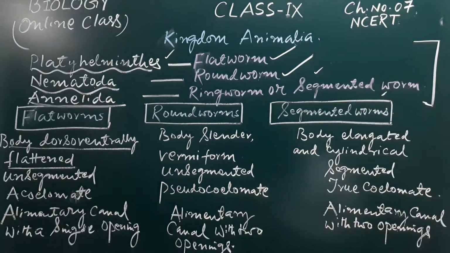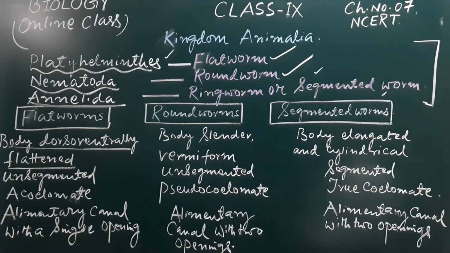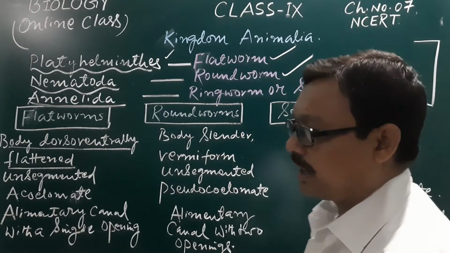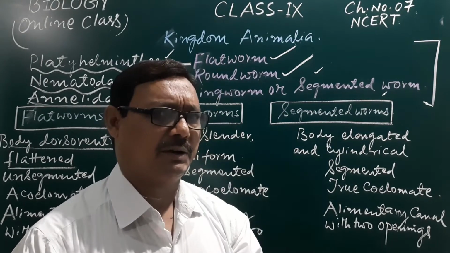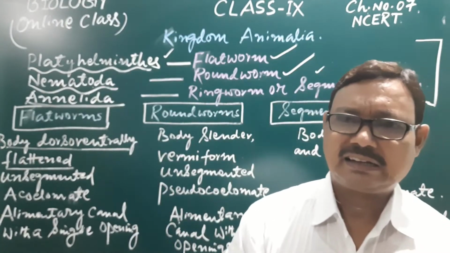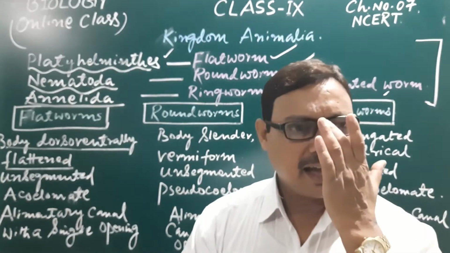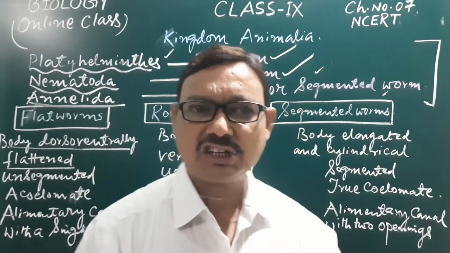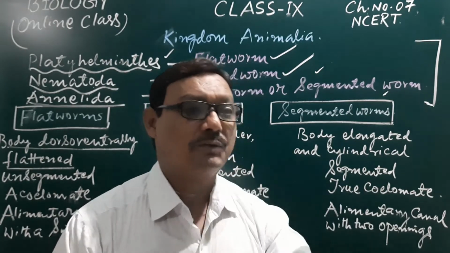So here I have summarized the worms. Now after this we have 3 different phyla that are related to the non-chordates. What are these 3 phyla?